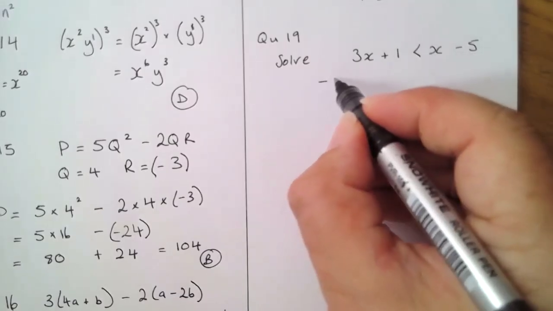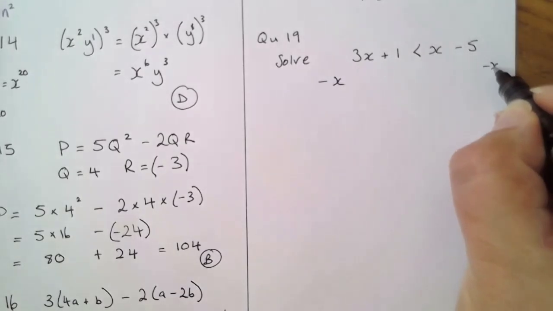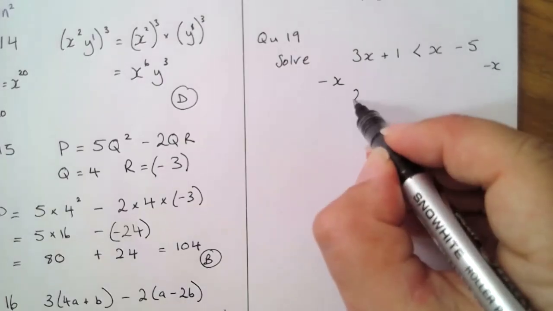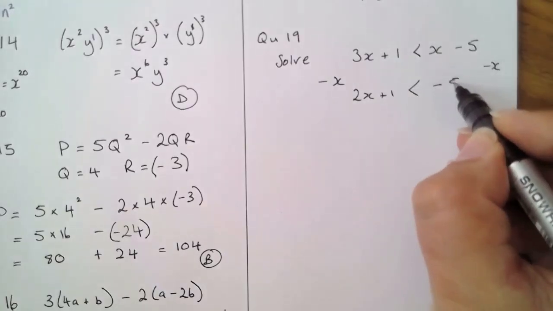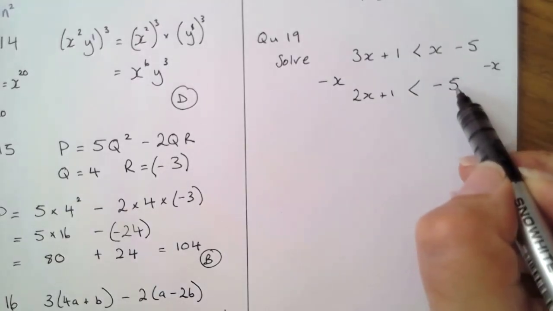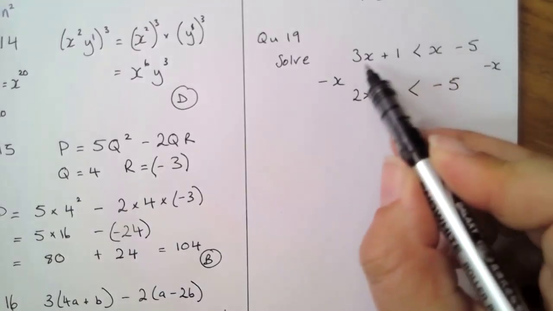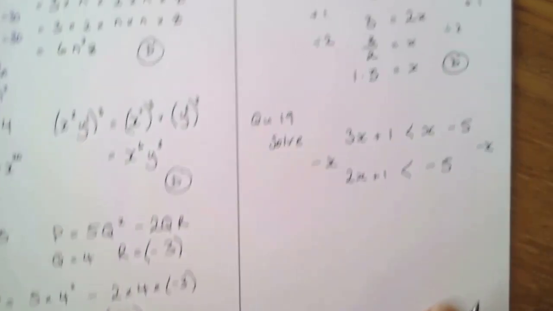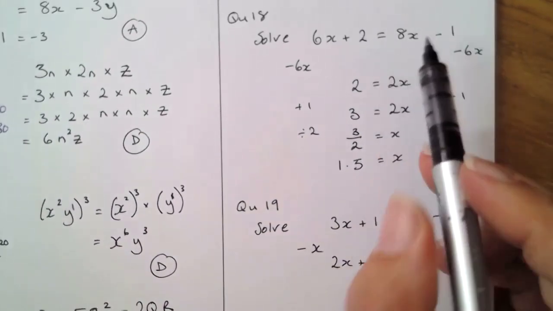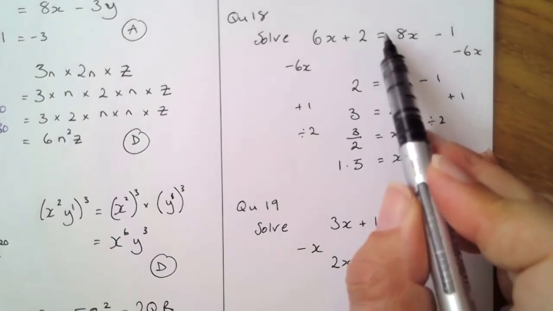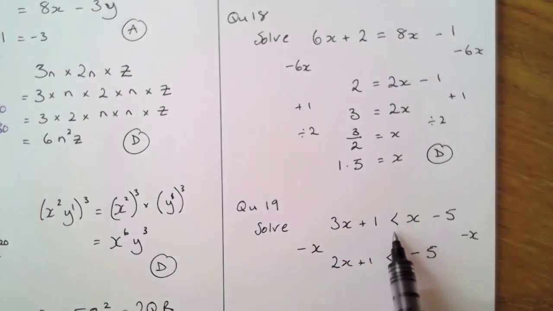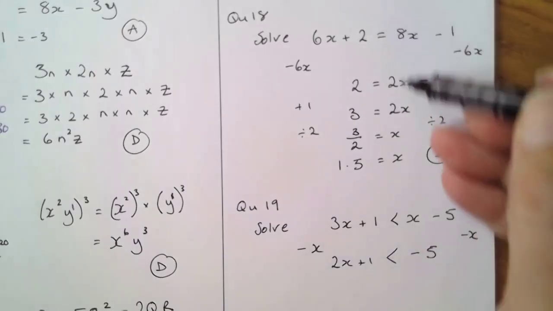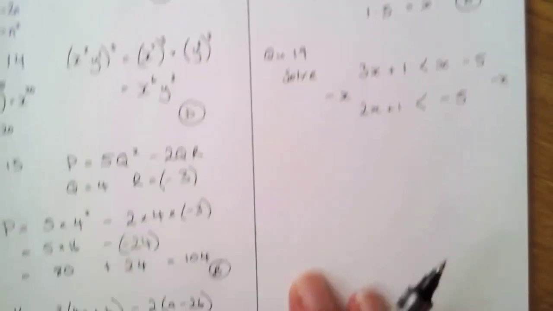So we're going to subtract x from both sides. This makes it 2x + 1 is less than 5x. Sorry, negative 5. We haven't done anything different than we did up here. We've moved all the x's. The fact that the equal sign is here and there is an inequality here, we didn't do anything different.